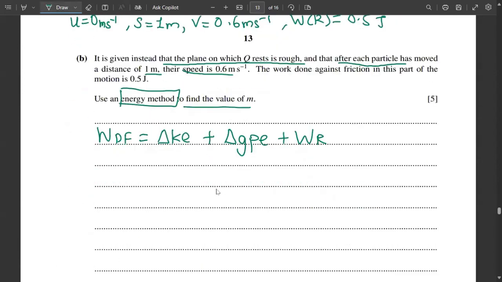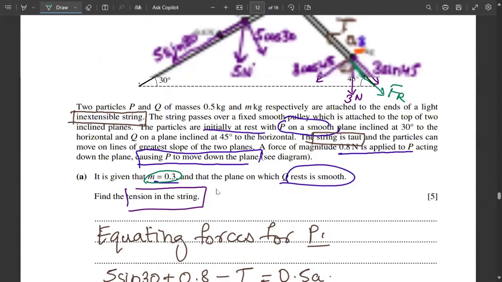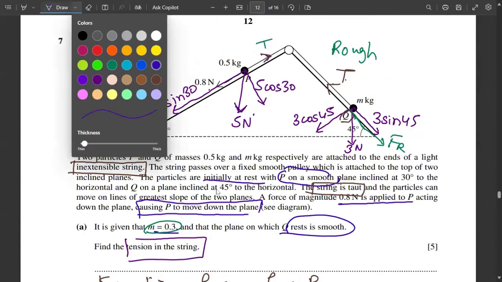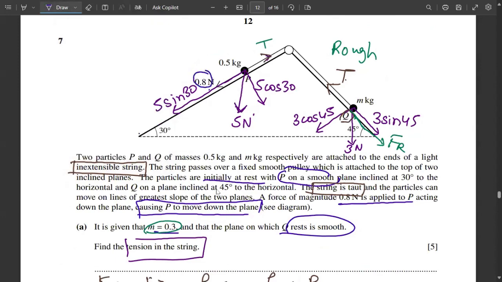Let's see. What is the work done by the driving force? And I guess you may not even know what the driving force is. So the driving force is 0.8 Newton. Why? Because a force of magnitude 0.8 Newton is applied to B. Is it being applied because of the weight? Is it being applied due to something else?